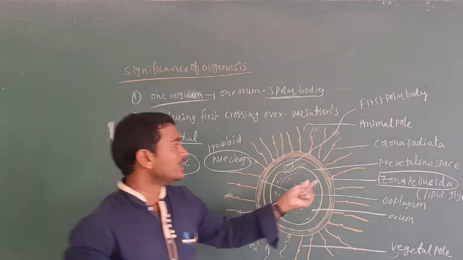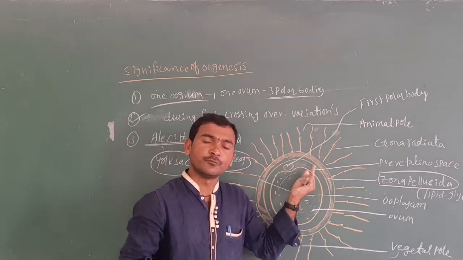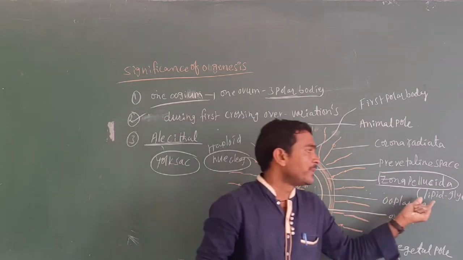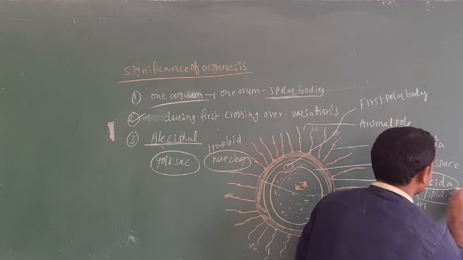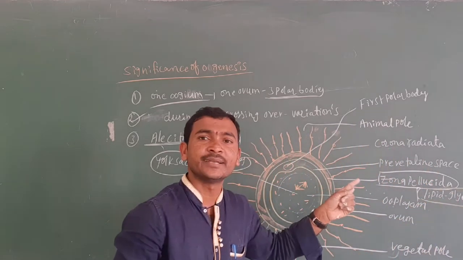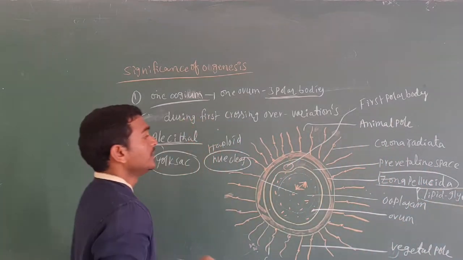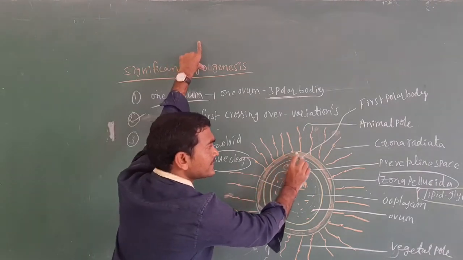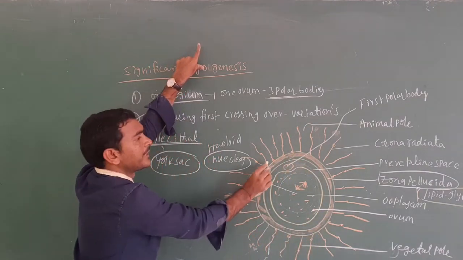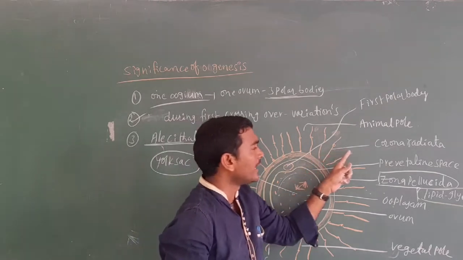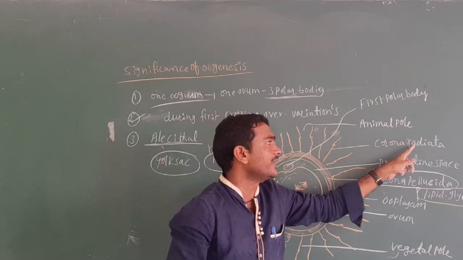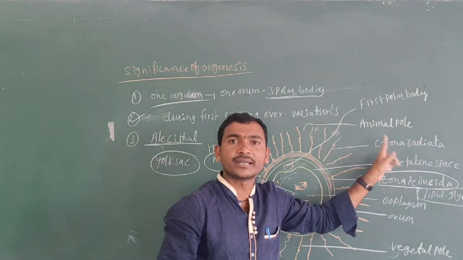The zona pellucida of the ovum is made up of lipids and glycogen. This zona pellucida is covered by another membrane called the corona radiata.